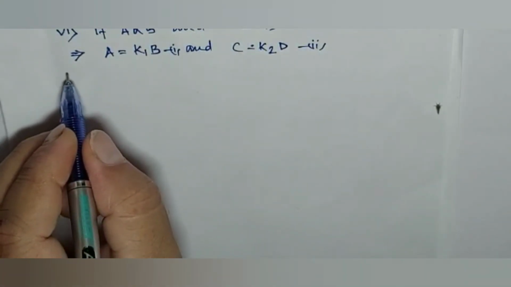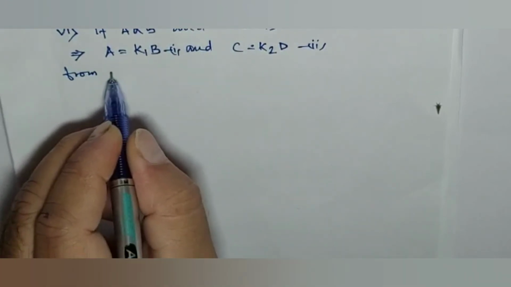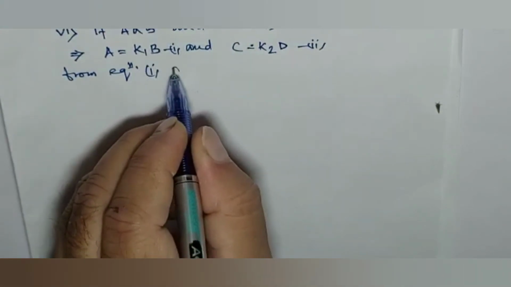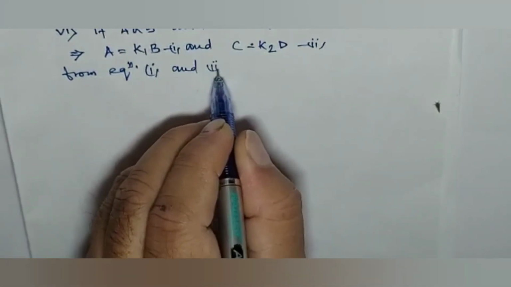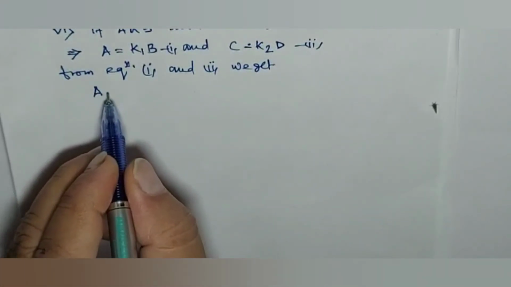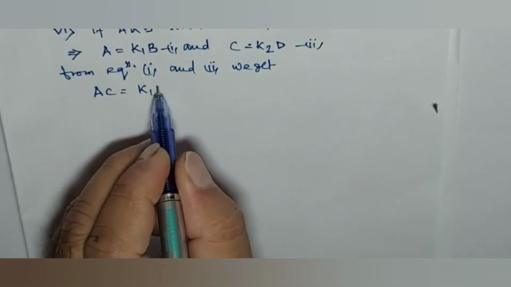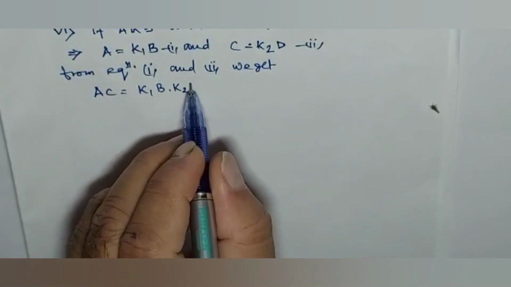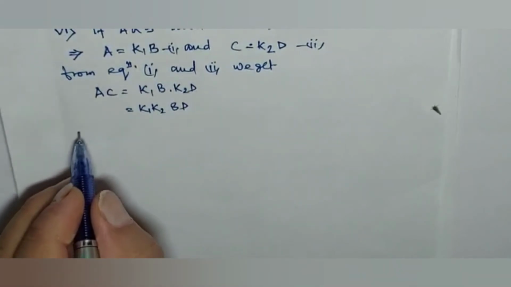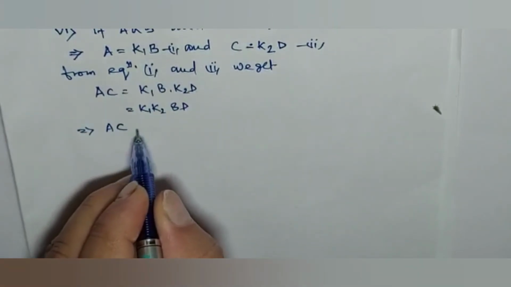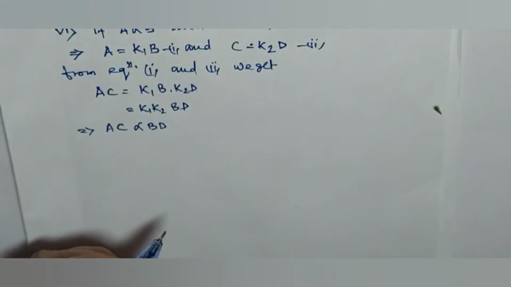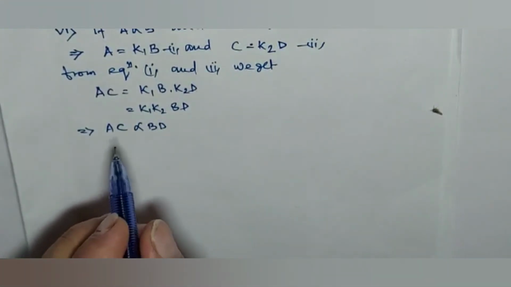So from equations 1 and 2, we get AC is equal to K1B into K2D, that is K1 K2 BD. So you can write AC proportional to BD, where K1 K2 is a non-zero variation constant.